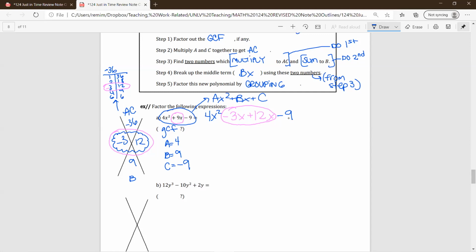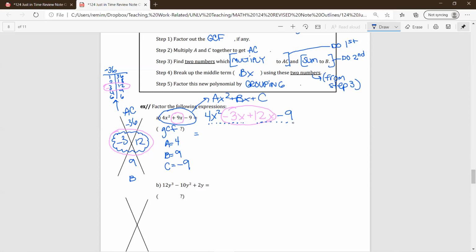So now we're at step 5. Since it has 4 terms, we can try to do this by grouping. So I look, there's no GCF. So I move on to imagine the first 2 terms grouped together, and the second 2 terms grouped together.